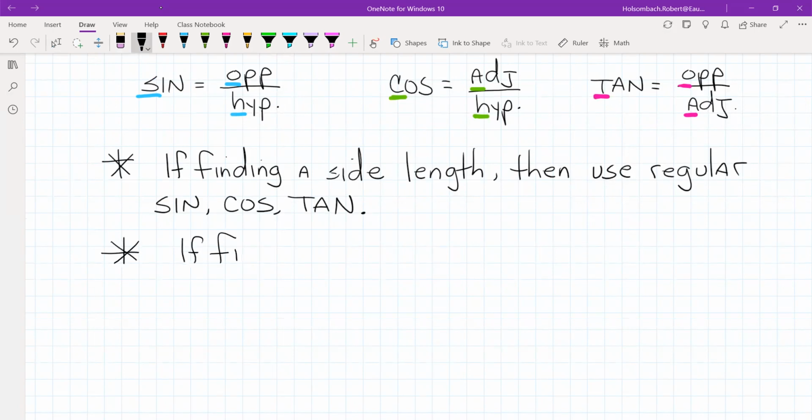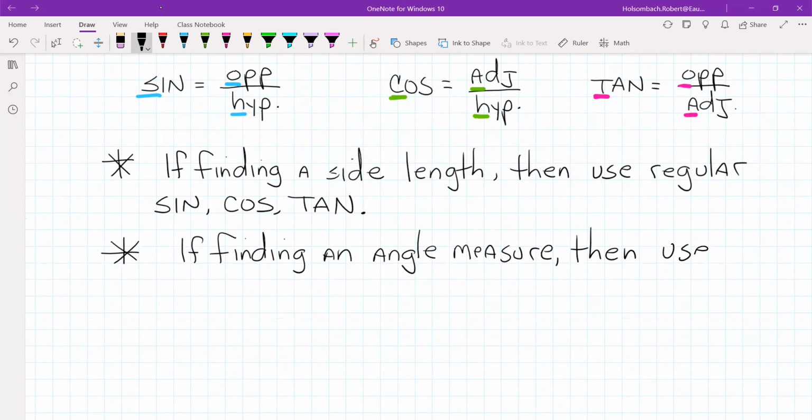If you're finding an angle measure, then use inverse sine, cosine, and tangent.